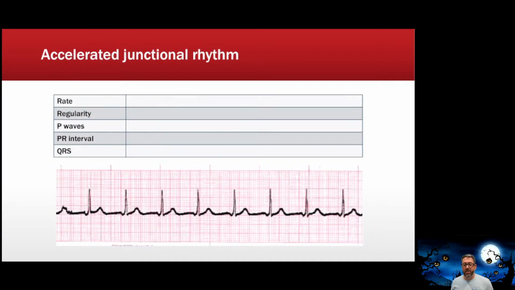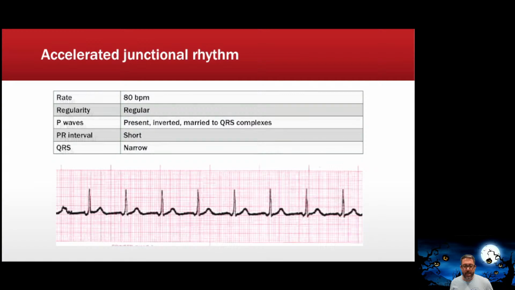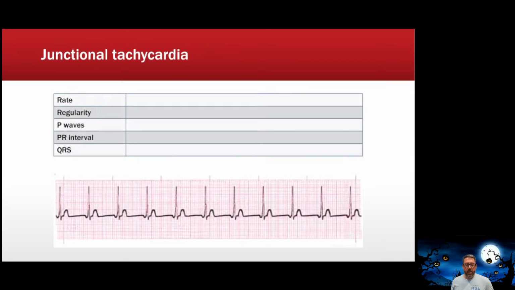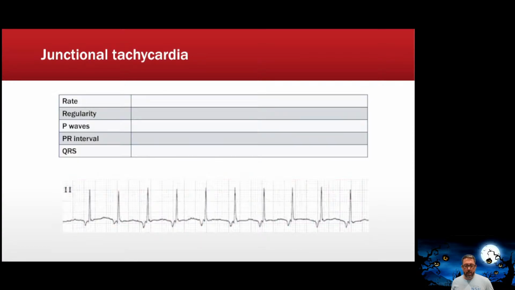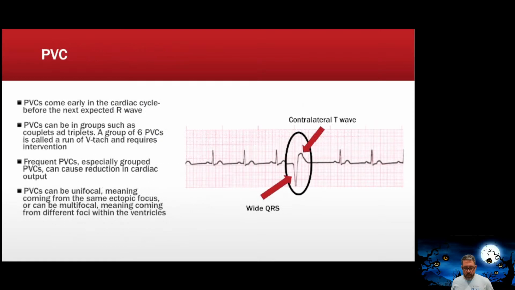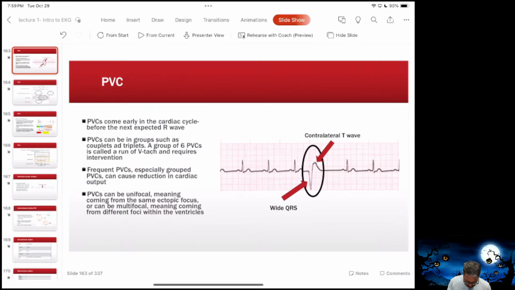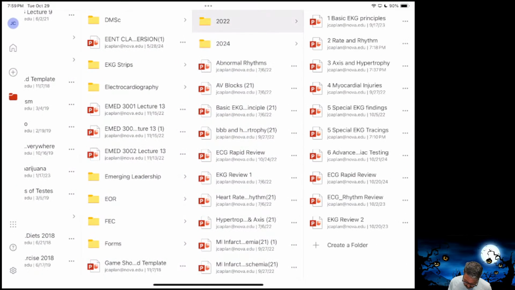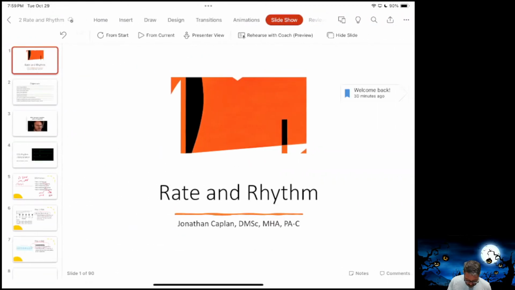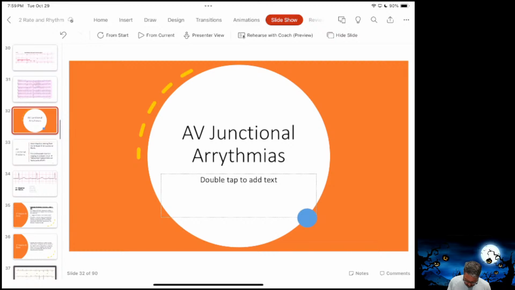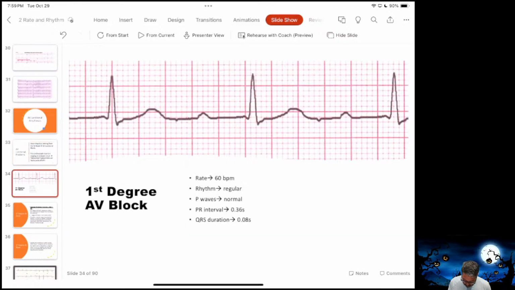It's going to be fast. The junctional tachy will get fast, but not that fast. Over 100, but won't get to 150.